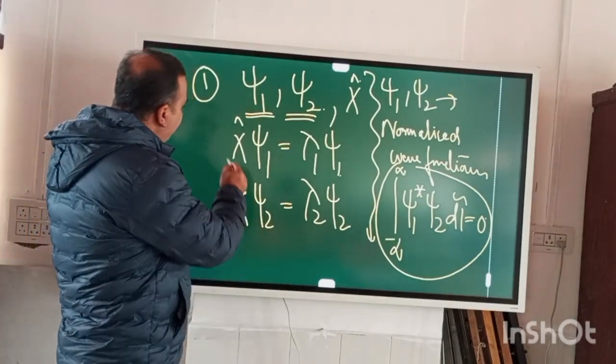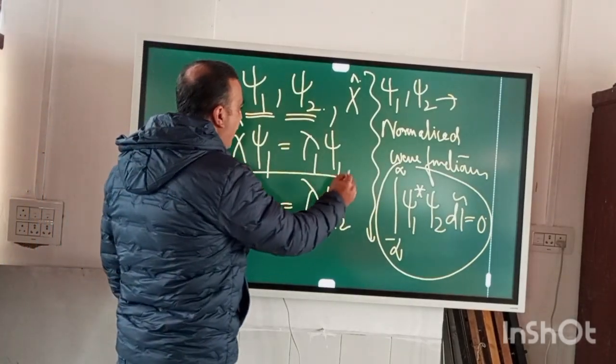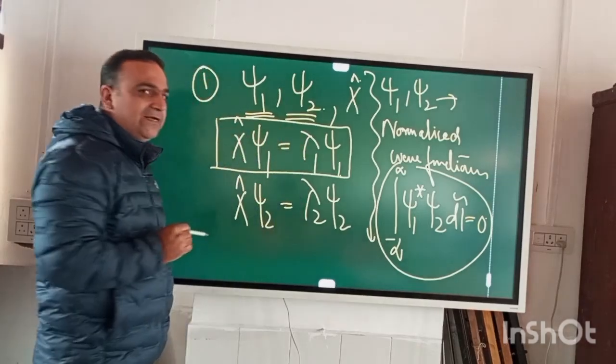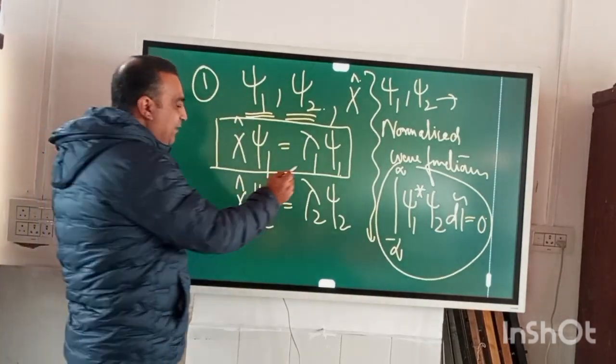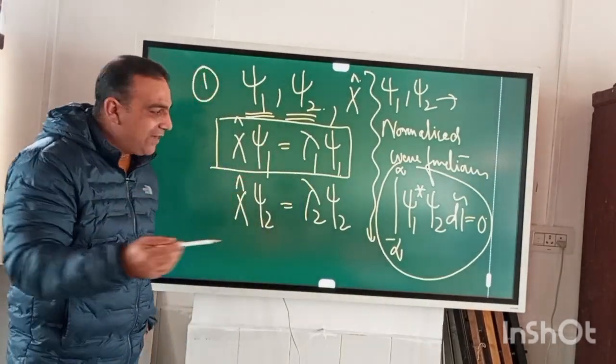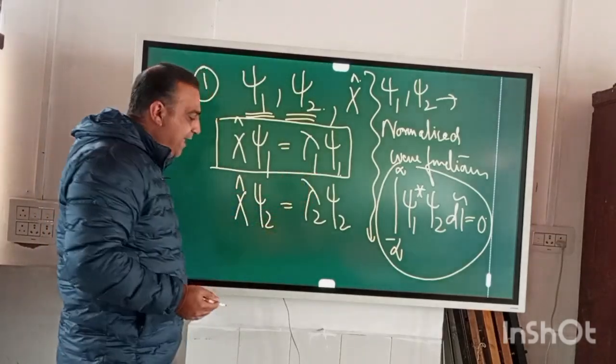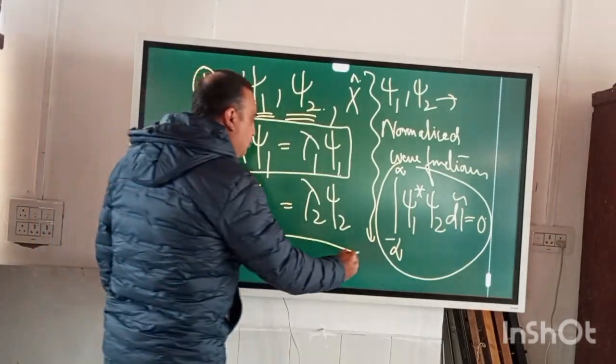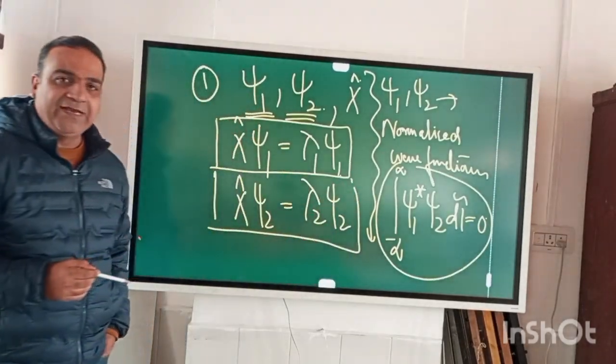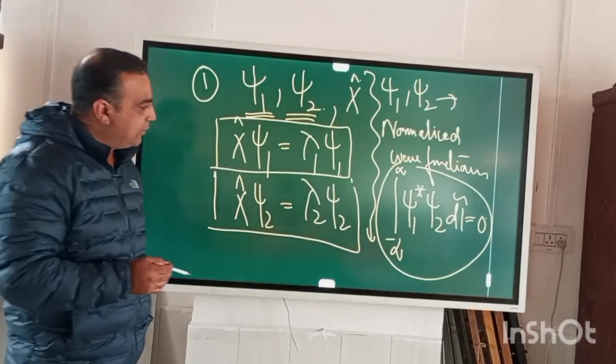When we operate on psi1, we get the eigenvalue lambda 1, and for psi2 we get the eigenvalue lambda 2.